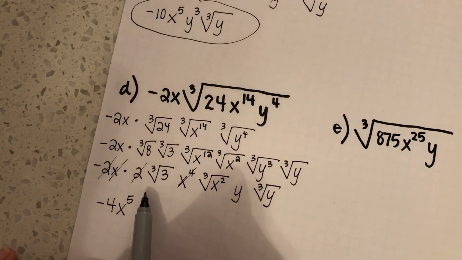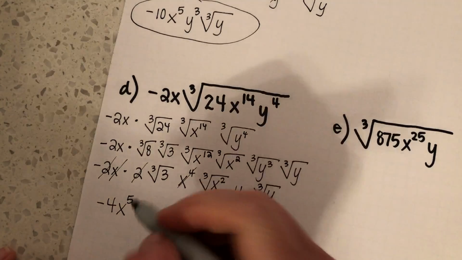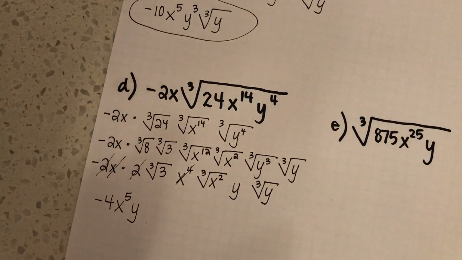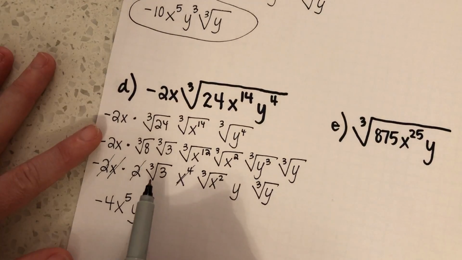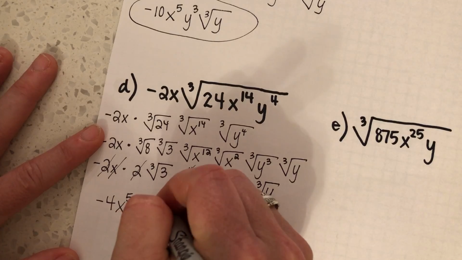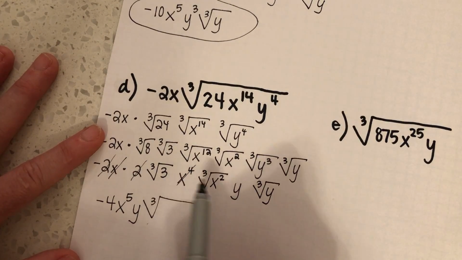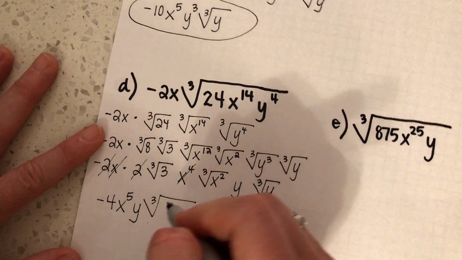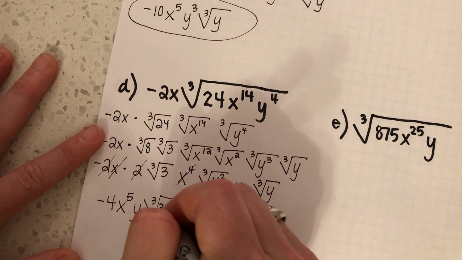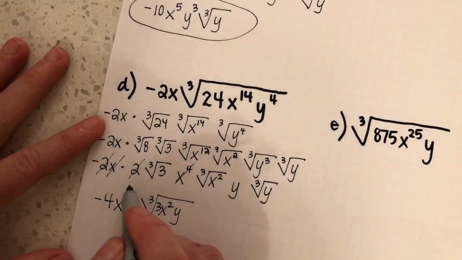And y times no other y's on the outside is y. Then you're going to take anything that is under a third root radical, multiply it together and stick it all under the third root. So that's going to be 3 times x squared times y. And that's your final answer.